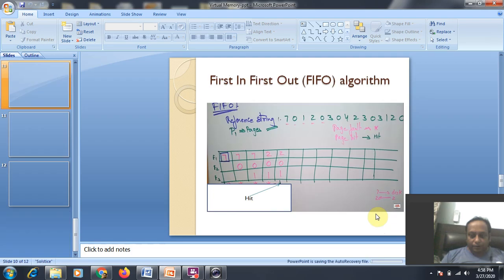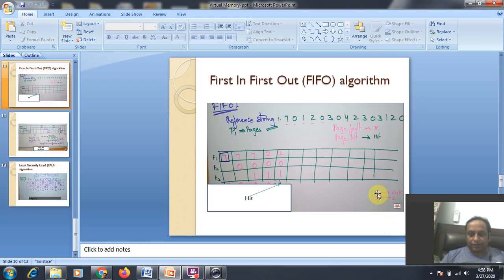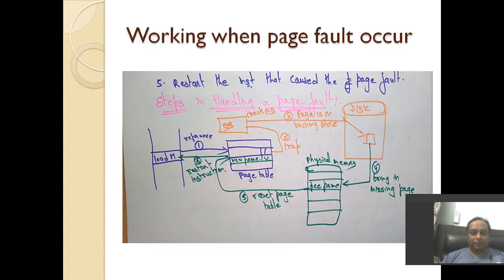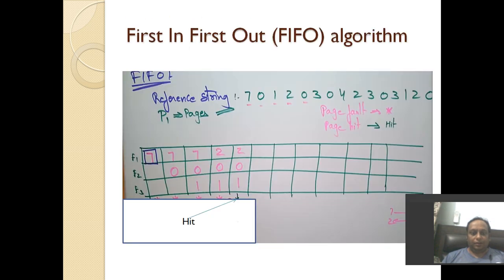Let's see over here. 7 will be copied into the disk and 2 comes from the disk to the main memory. So this type of processing is again called a page fault. So 2 has arrived in the place of 7. Why do we delete or copy 7 from here?